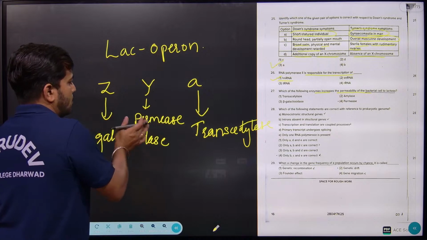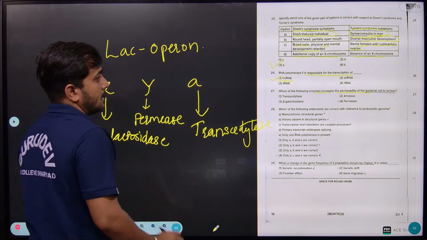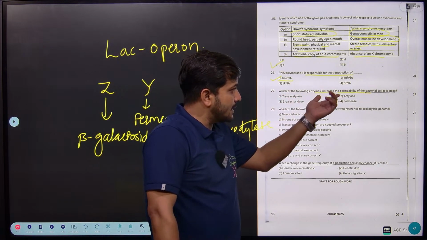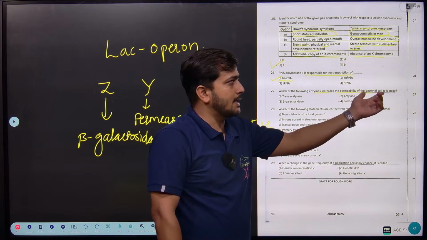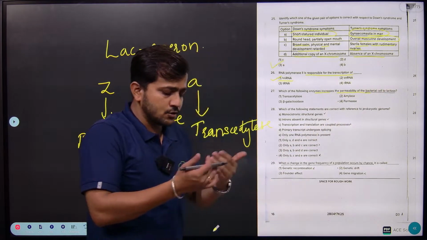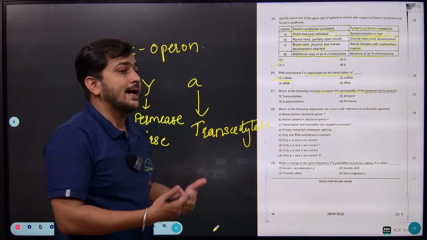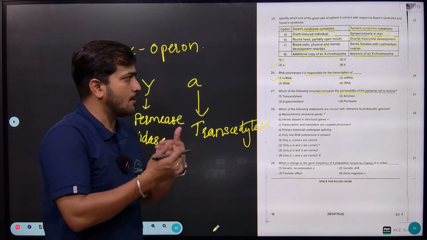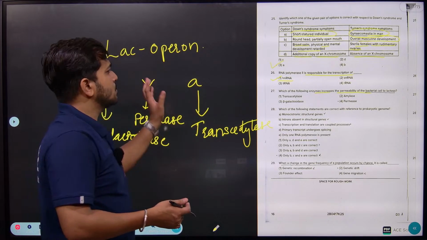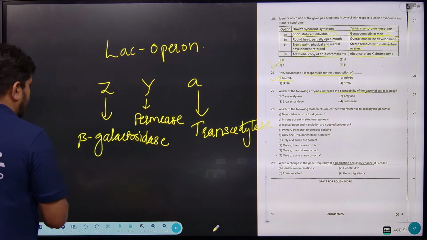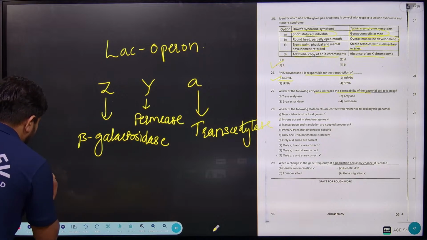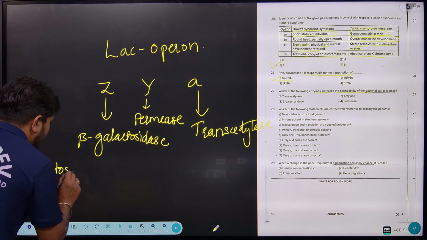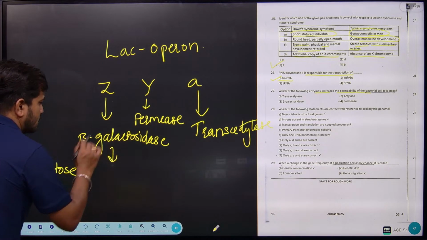So with respect to what they are asking, the enzyme increases the permeability of the bacterial cell to lactose. So lactose should enter, right? A lot more lactose should enter so that it can carry out lactose metabolism. Who is going to carry out lactose metabolism here? The beta galactosidase, right?